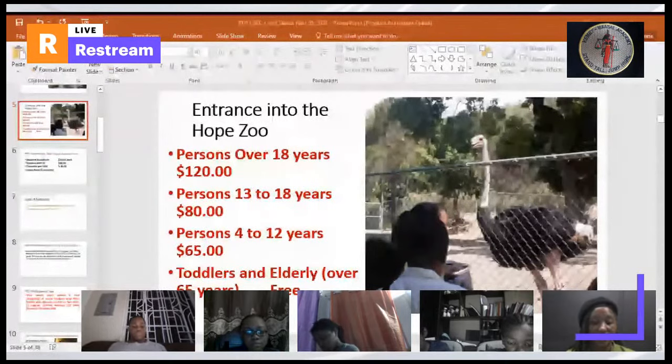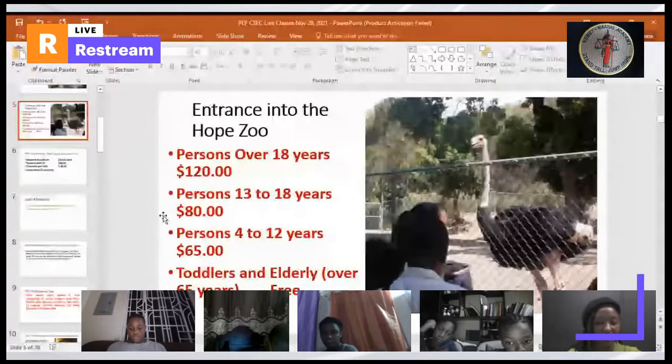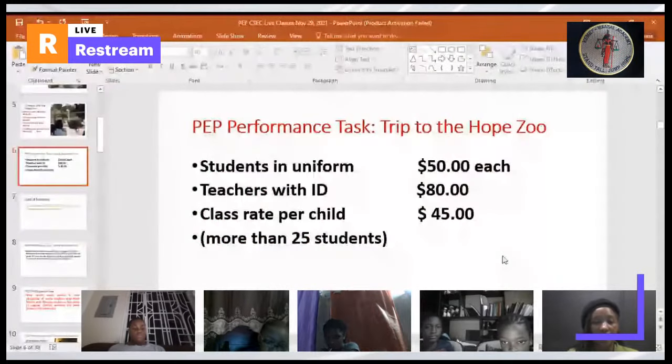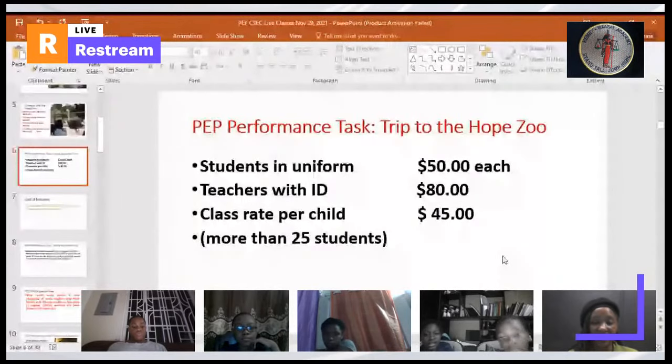I hope you were just jotting down these ages. In the actual exam, I would want you to be underlining these important bits of information. Now, there's also a rate for students, and it says students in their uniform pay $50 each.